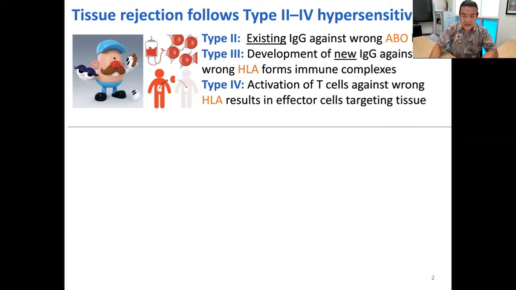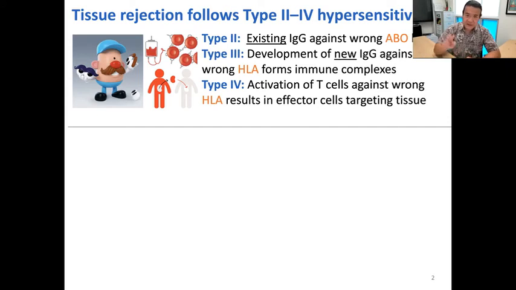We had been discussing the types of tissue rejection that we have to deal with when you're talking about donors and recipients. These follow the same types of hypersensitivity models as do allergies.